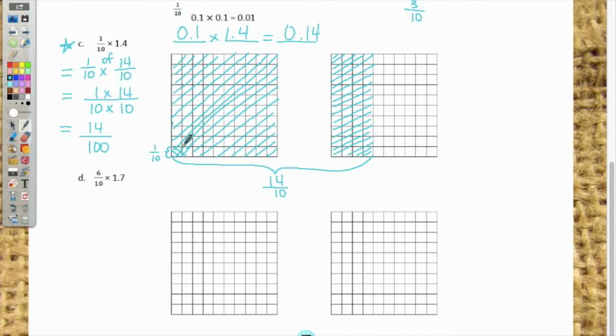And horizontal, let's go the other way with the shading. Okay, now I'm going to highlight how many of those.